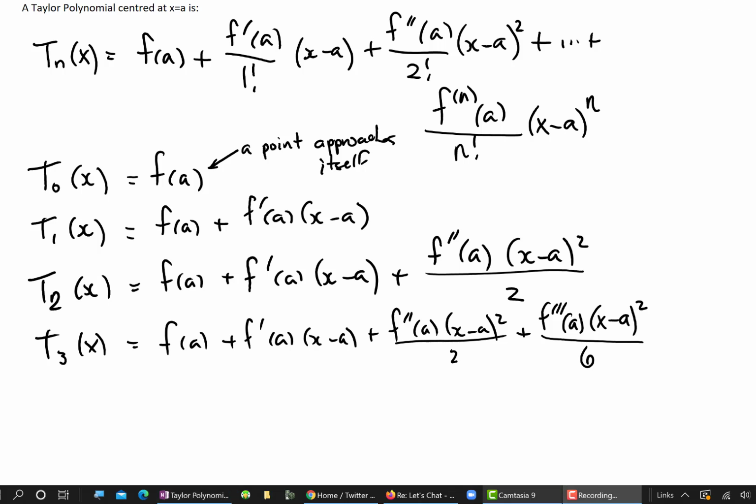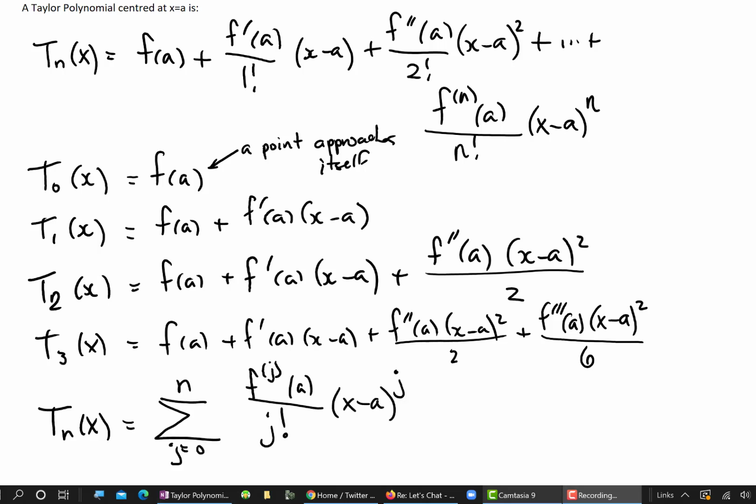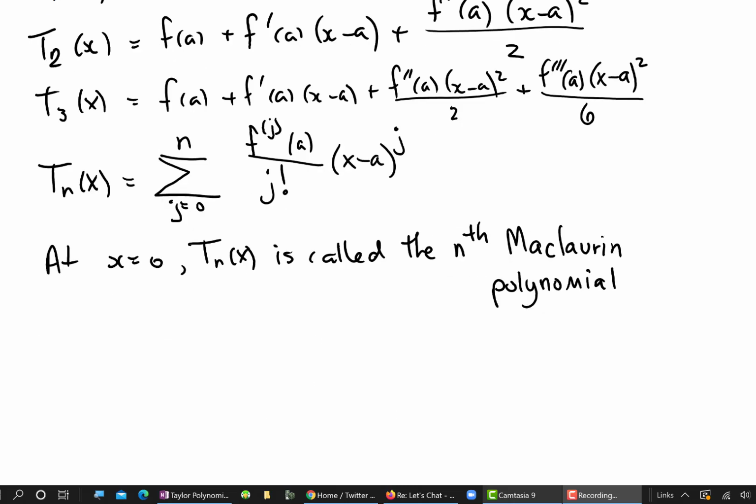We can also rewrite this using sigma notation, so that we can just see that we're constantly adding up these terms. And when a is 0, when you center this function at the origin, this has a special name: T sub n now becomes the nth Maclaurin polynomial.